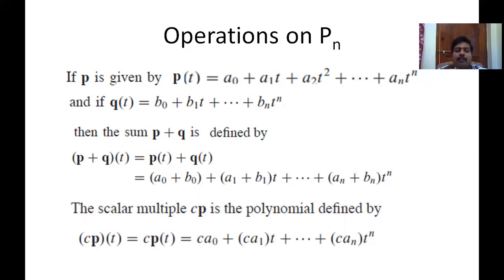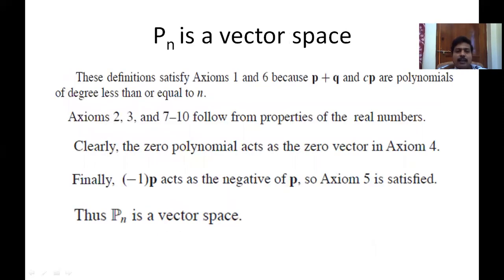And scalar multiplication cp of the polynomial is defined by c times p(t). That is, you have to multiply each and every coefficient by c. That is c a naught, c a1 t plus so on plus c an t^n.